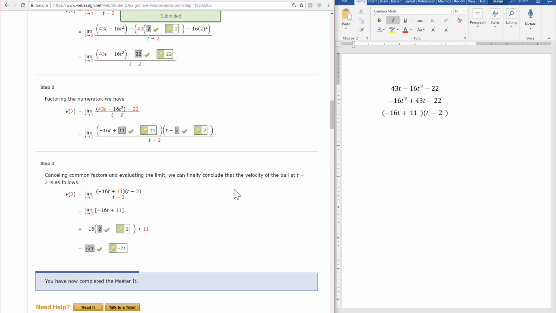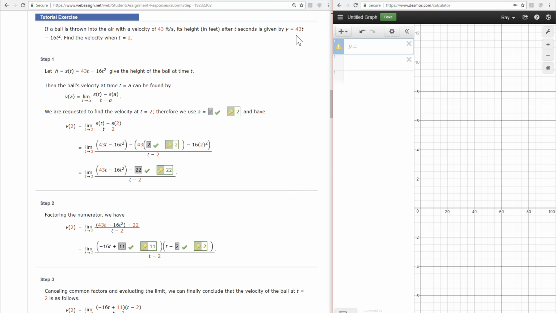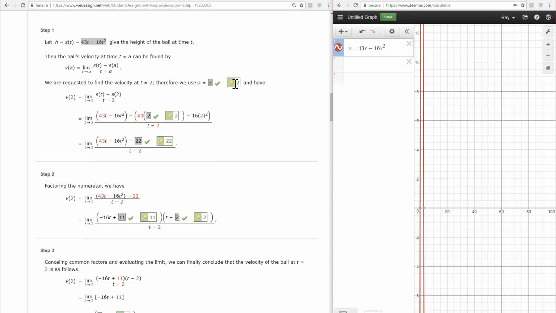Okay. So if we take a look at this from a graphical point of view, let's graph this expression. Remember, the original expression is 43t minus 16t squared. And I'm going to use x's because most programs use x's. And then we're concerned about what happens at 2.